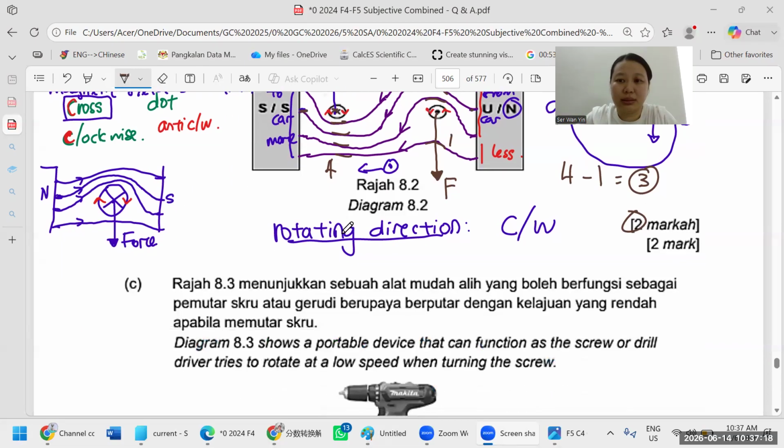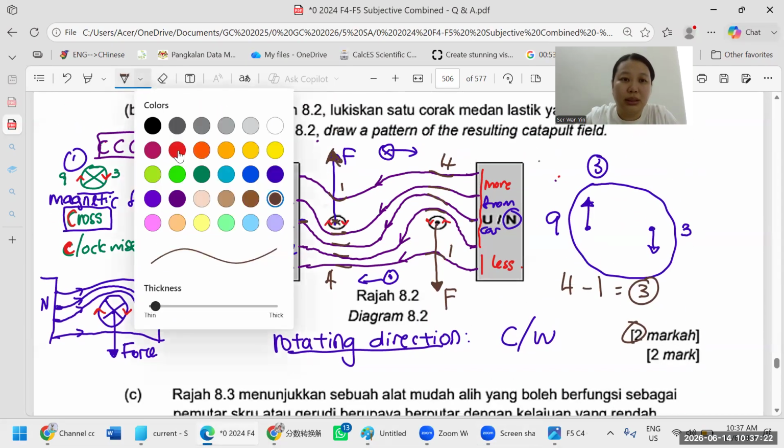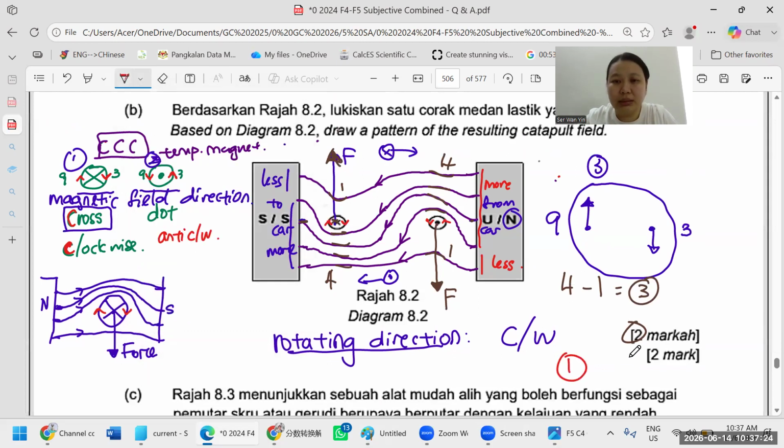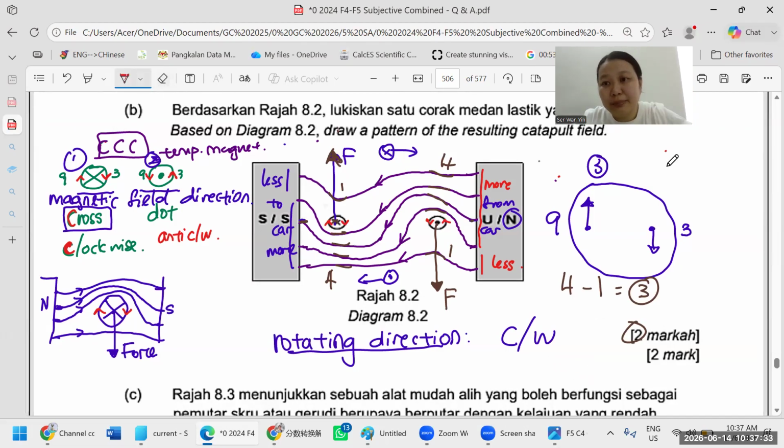Okay, then next. How to get 2 marks. Actually this one is supposed to be 3 marks, but sometimes they can make it different. Mark 1 is direction correct. From north to south, your direction correct.